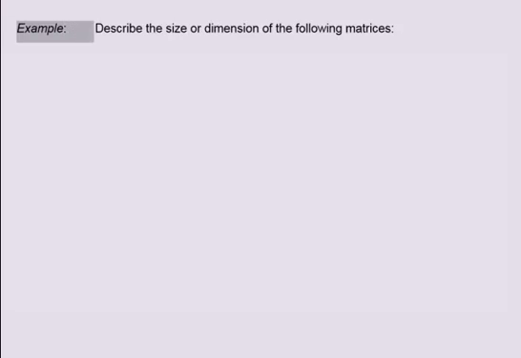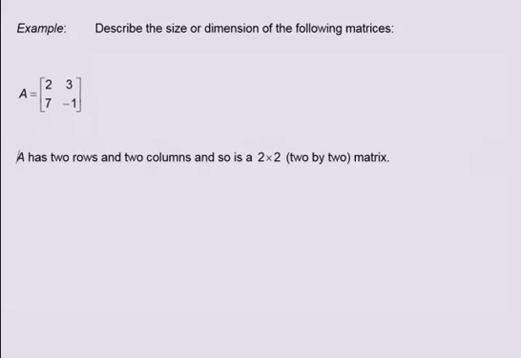Example: describe the size or dimension of the following matrices. Matrix A equals 2, 3, 7, minus 1. A has 2 rows and 2 columns, and so is a 2 by 2 matrix.